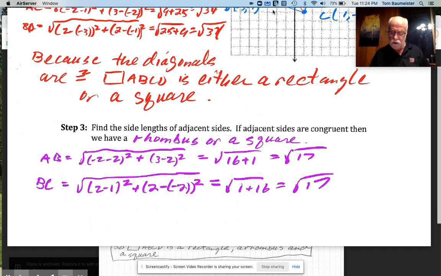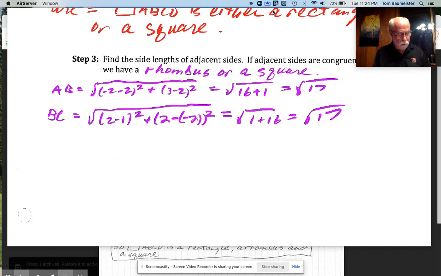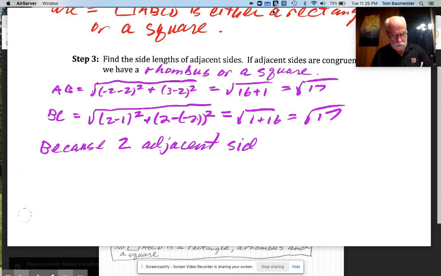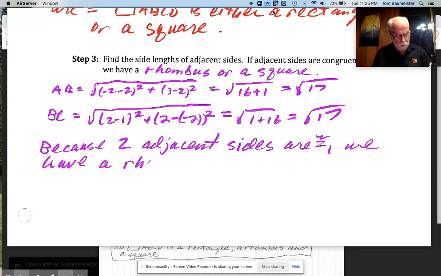So in this case, it's 17. So because two adjacent sides are congruent, we have a rhombus or a square.